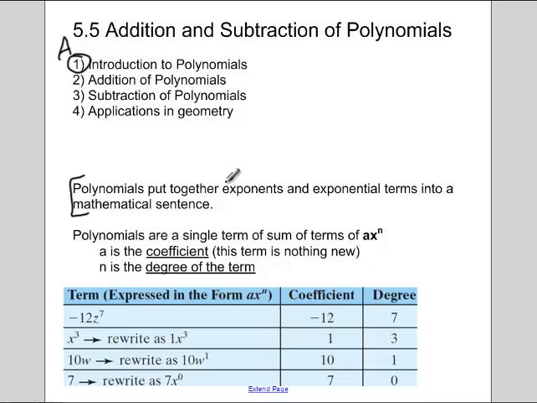You put vowels and consonants together, you get words. When you put the words together, you get a sentence. So we're going to talk about making that sentence out of words, and the words are terms like this. Remember, the terms are things that are separated by addition and subtraction.